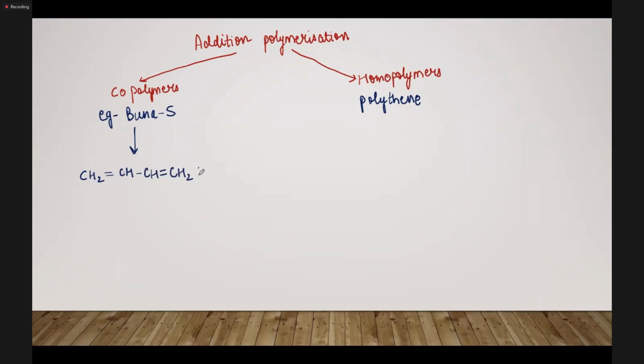Yes, this is one monomer and we have another monomer which is styrene, C6H5CH double bond CH2. So this is styrene. I'll write down the names because names are also very important.